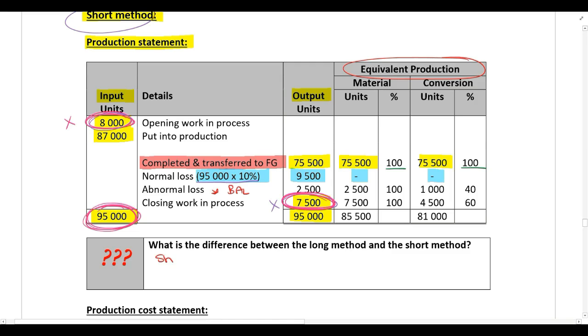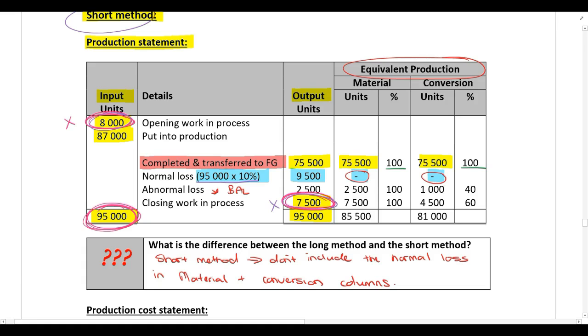With the short method, we don't include the normal loss in the material and conversion columns. With the long method we do, the short method we don't. And it's purely because we are taking a shortcut, but you're going to see how much easier it makes our calculation.